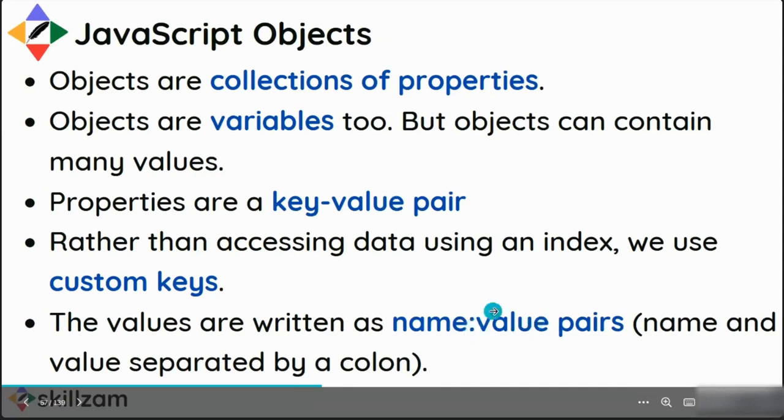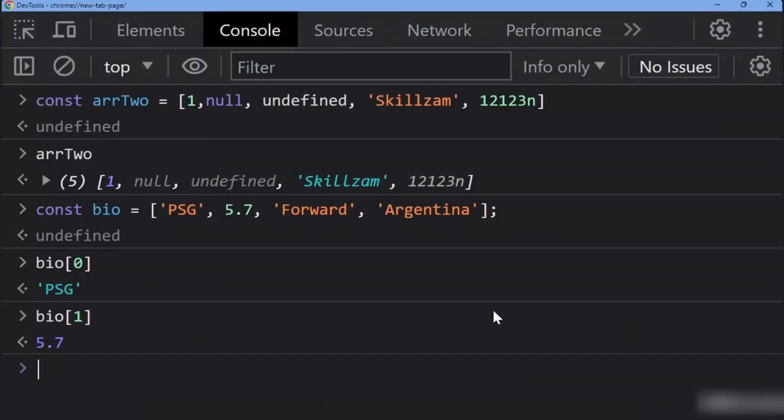This is how the syntax would be. Now let's go ahead and put this player's bio using an object. So how can we do that? How can we go ahead and add something called player's bio here? Let me clear the screen.